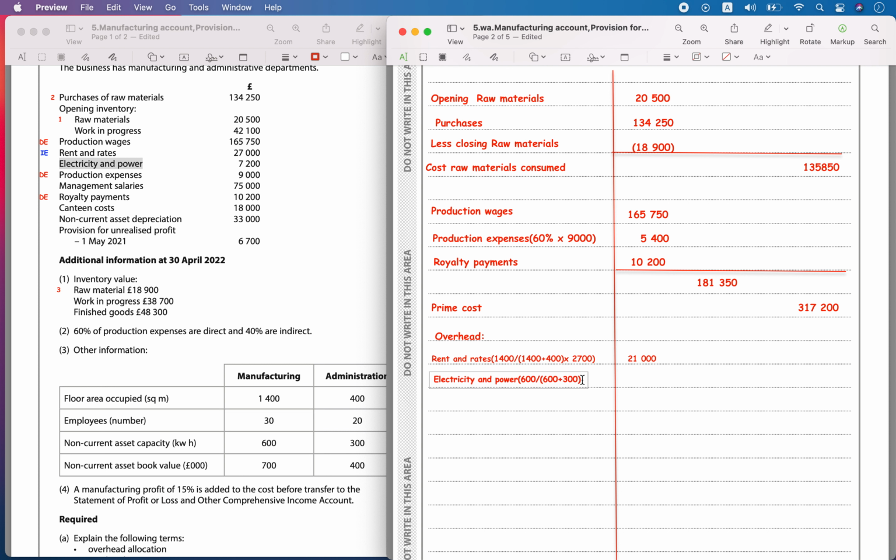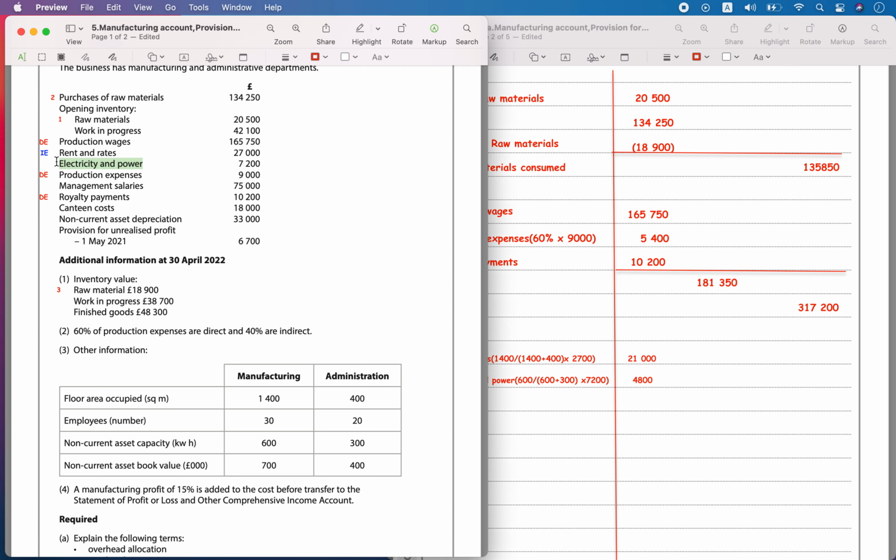The total cost is 7,200, so we have to transfer only that much to manufacturing. So the value will be equal to 4,800. So electricity and power is 4,800.